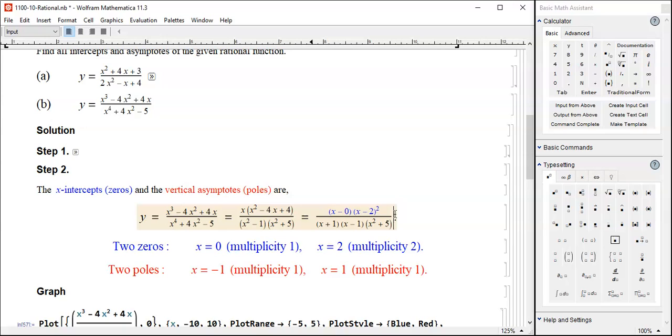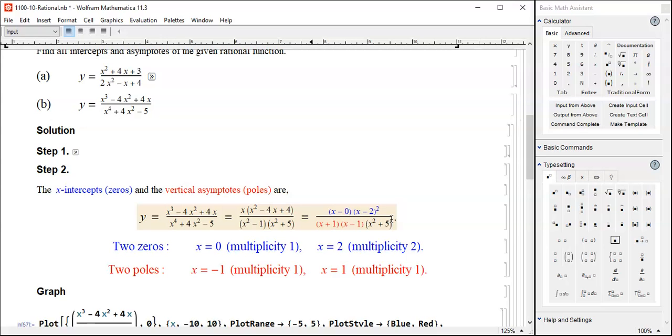So we have x squared minus 1 times x squared plus 5. Okay? And then x squared plus 5 is irreducible, so it cannot be reduced any further, but x squared minus 1 can be reduced further down to x plus 1 times x minus 1. That gives me two poles with multiplicity 1 and 1 respectively.